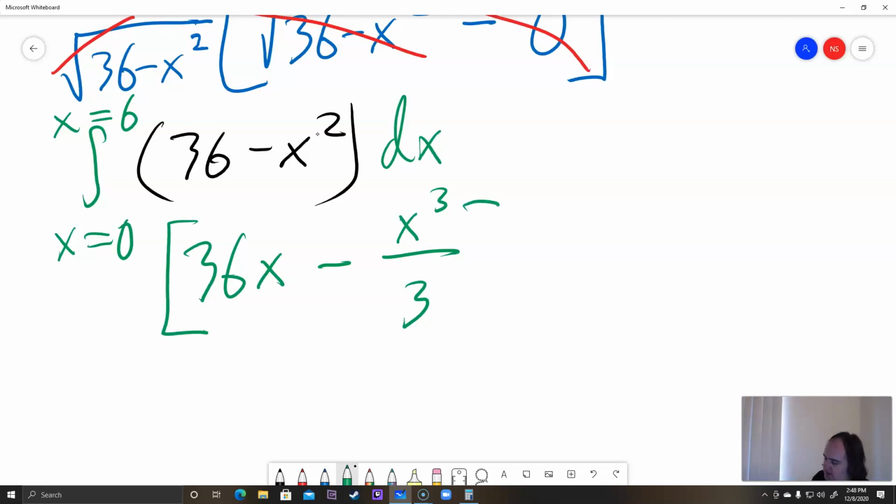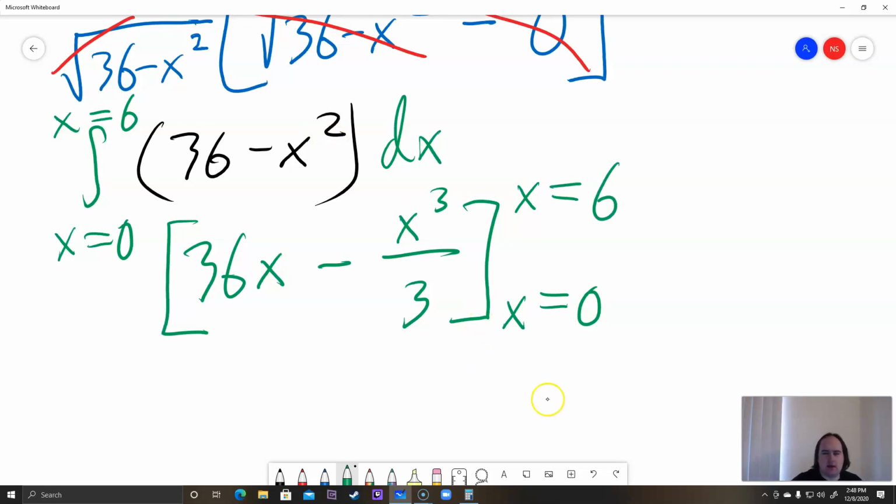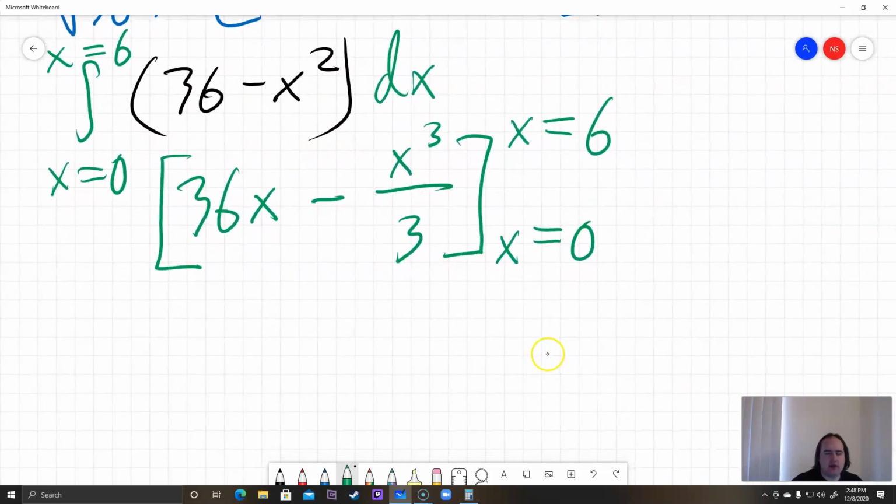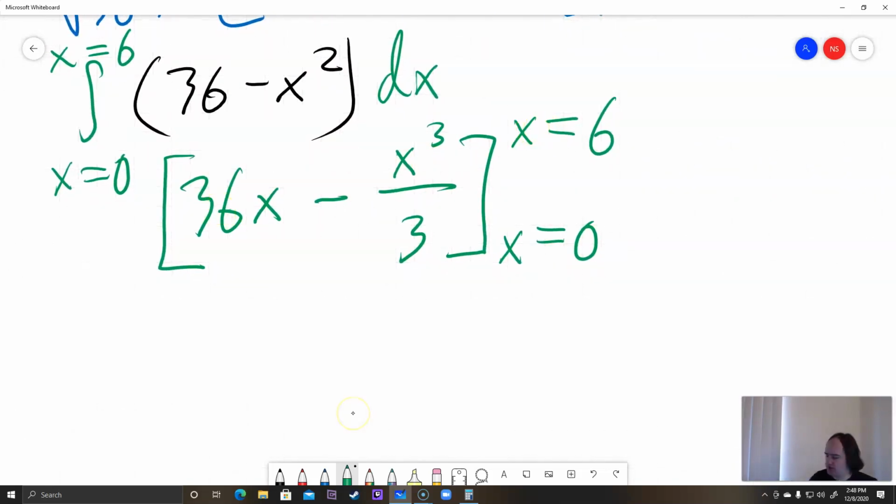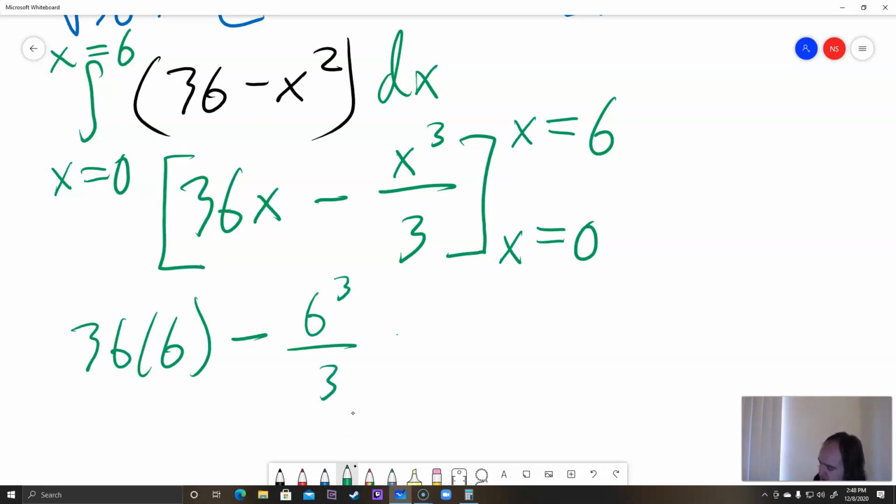Alright, and then this is going to be evaluated from x equals 0 to x equals 6. Okay, and then plugging in the top number into the entire function, we're going to get 36 times 6 minus 6 cubed over 3. And then we subtract the entire function evaluated at 0. But that's just going to be 0 here and 0 there. So this is just going to be minus 0.